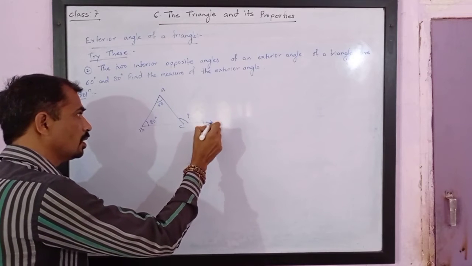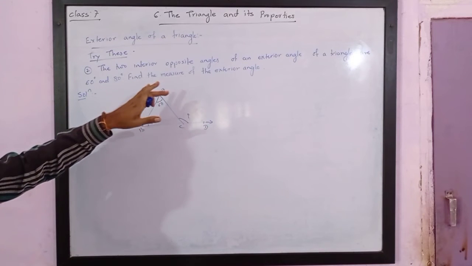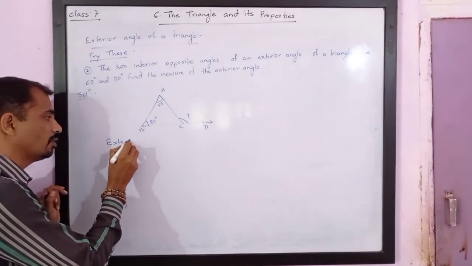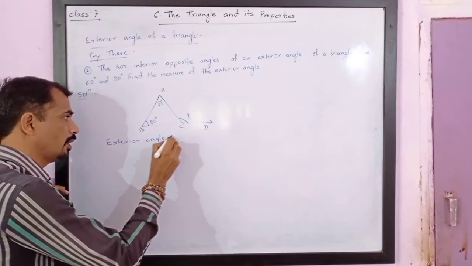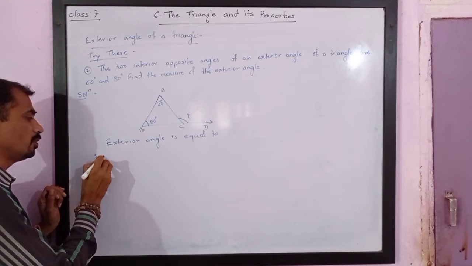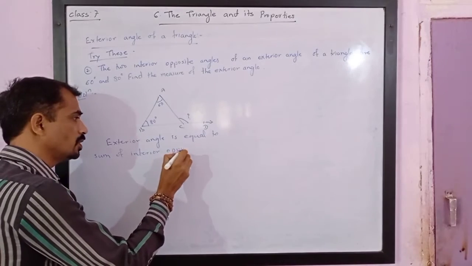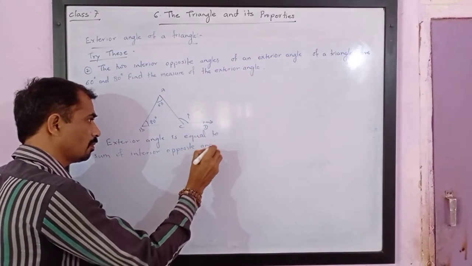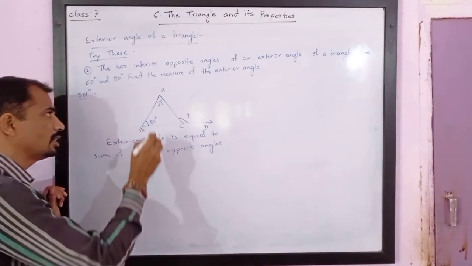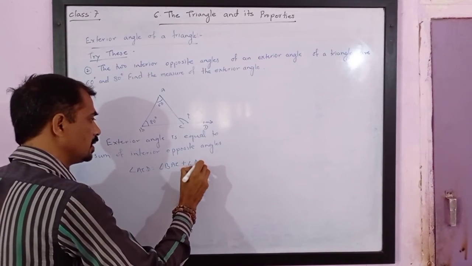We know that the exterior angle is equal to the sum of remote interior angles, or the sum of interior opposite angles. Therefore angle ACD is equal to angle BAC plus angle ABC.